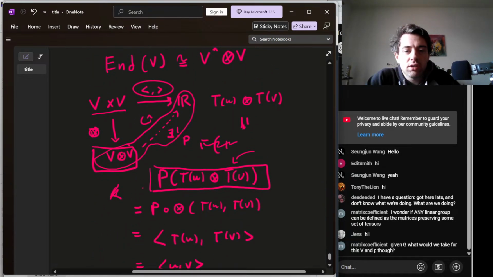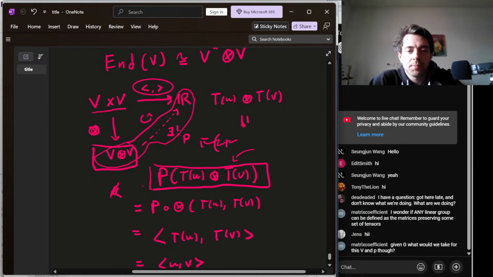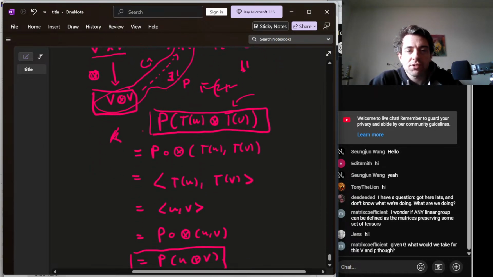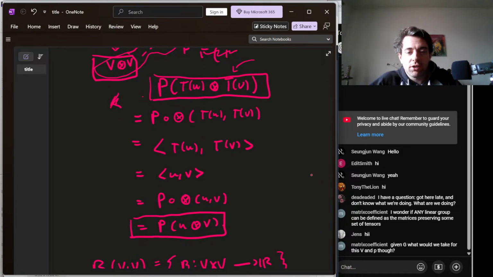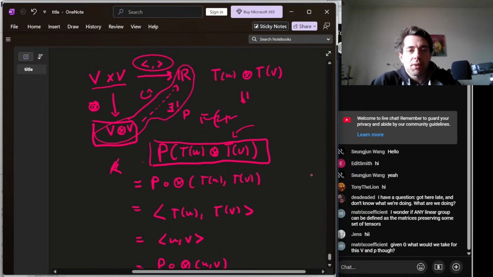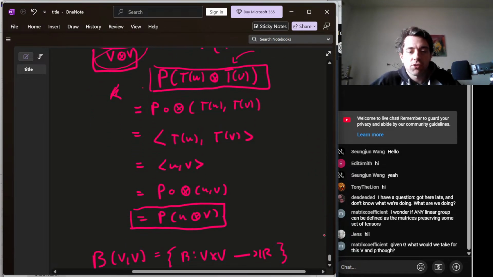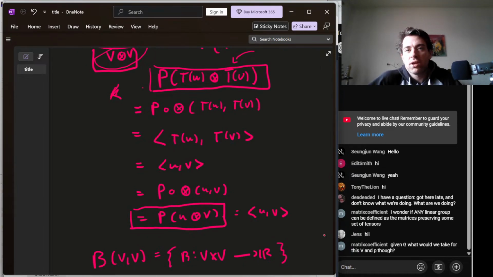Well, so your G would be, I mean, everything here is going to be isomorphic. So we're going to end up with the same thing basically. Like your P is just like, by this commuting diagram, the result of applying P to U tensor V just has to be the same thing as the inner product of U and V. So it's really not that much different.